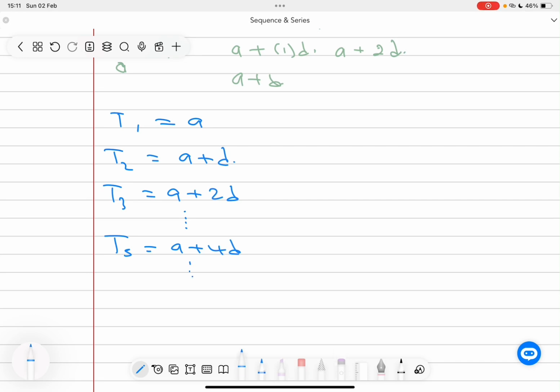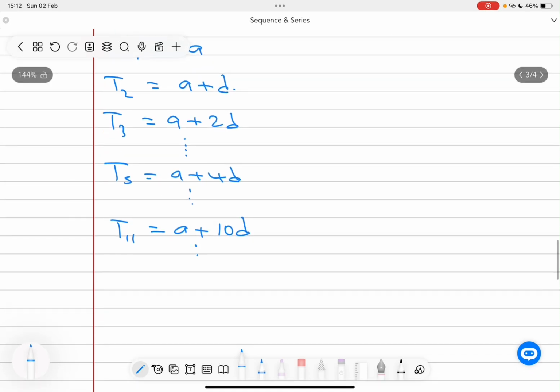The pattern would be true even if I take, let's say, term 11, because I'm still going to have an A plus 1 less the number of terms here, which is going to be 11 minus 1, which is a 10D. And if we continue doing like that, we can then represent the nth term as a formula, because remember in lesson 1 we defined Tn as the nth term.